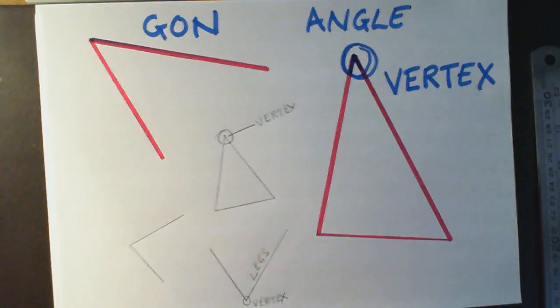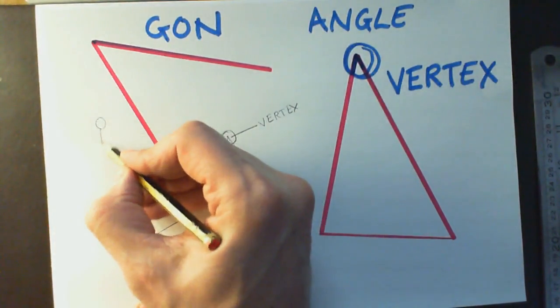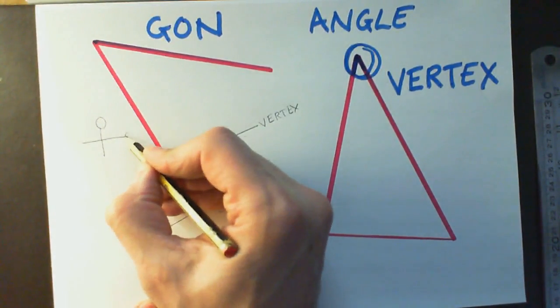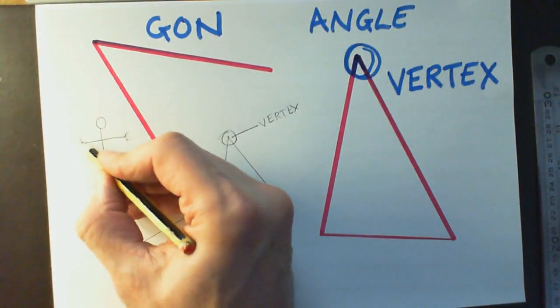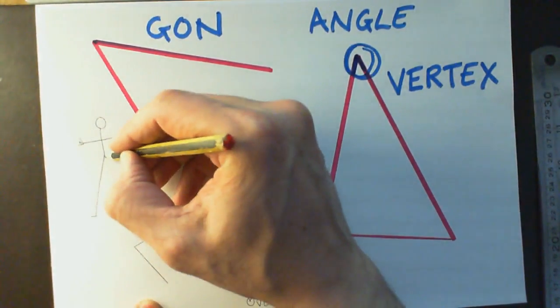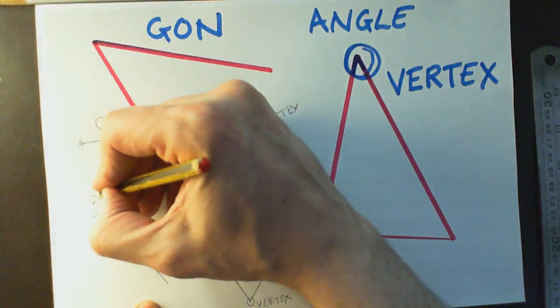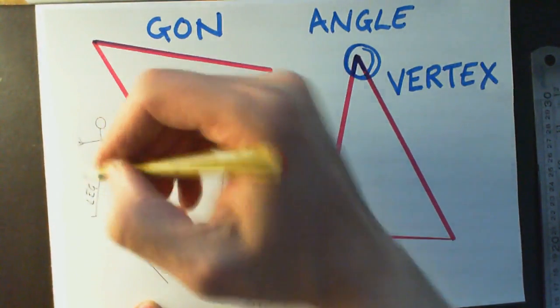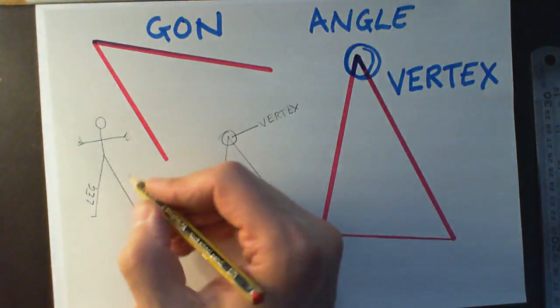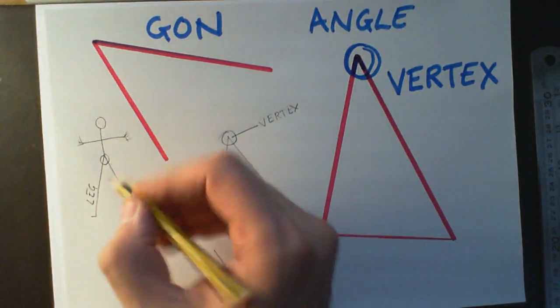The way that this language came about, of course, came from the ancient Greeks imagining, here's a little man, and here are his legs. Here are his legs, right? So he's got legs. Leg. And he has another leg here. And this point here where the two legs meet, this here is the vertex.